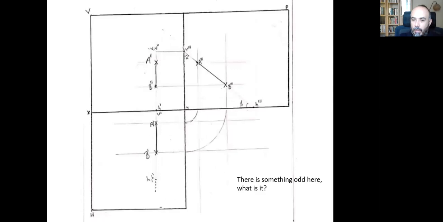There is something odd here. I am not sure if you can spot it. Here, these guiding lines, they are not correct. We use these guiding lines in order to transfer certain information. If we don't need them, then we don't need to draw them. If we can find our spots, our position, without the help of these guiding lines, there is no need to draw them.